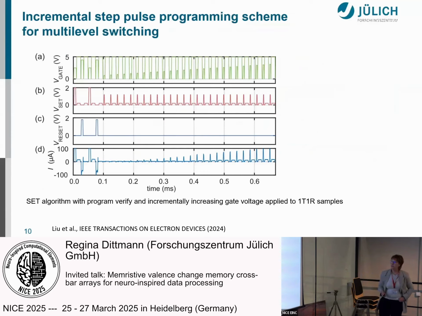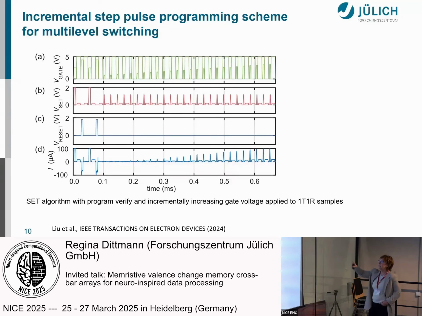Therefore, we used a set programming algorithm to switch the memristor into different resistive states. What you can see here is that we have some conditioning at the beginning to set the transistor in a defined state, and then we apply certain voltage pulses in a read-verify algorithm, and we incrementally increase the gate voltage at the transistor.